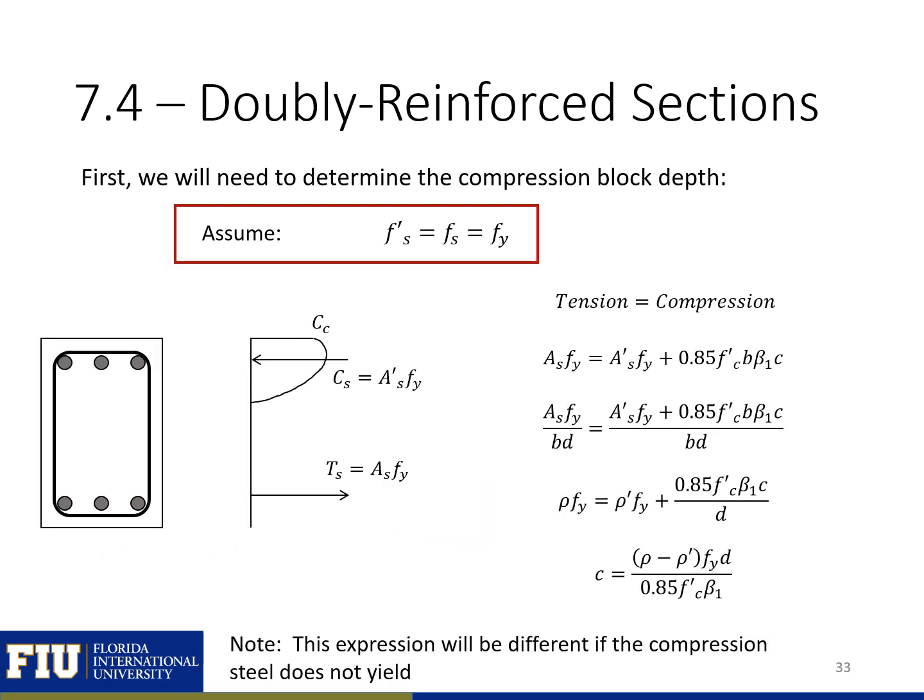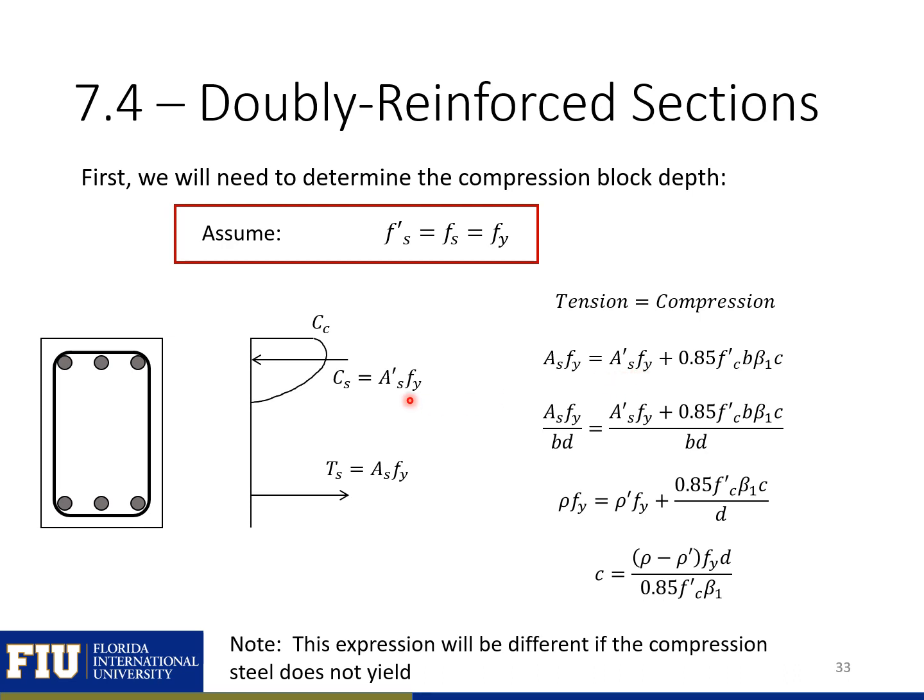The first thing that we need to do is determine our compression block depth, and we'll do this through equilibrium, setting our tension equal to compression. In tension, we only have our tension steel, As fy. Again, we're assuming here that our tension steel is yielded. And in compression, we have our same compression block component, and now we have the additional component of our compression steel, As' times fy.